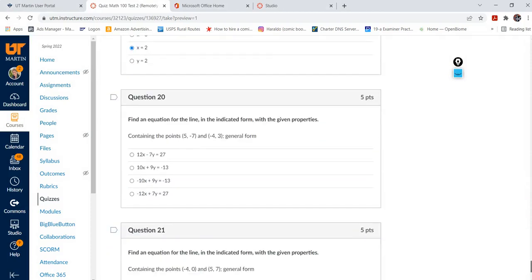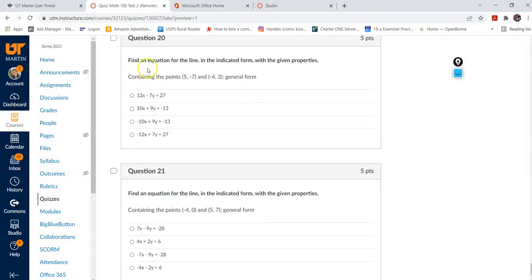Okay, and finally, get down to the last two. Find an equation for the line in the indicated form with the given properties. Okay, so general form is like standard form. So let's see what we have here. First, we have to get the slope. If you have 2 points, you can always get the slope.